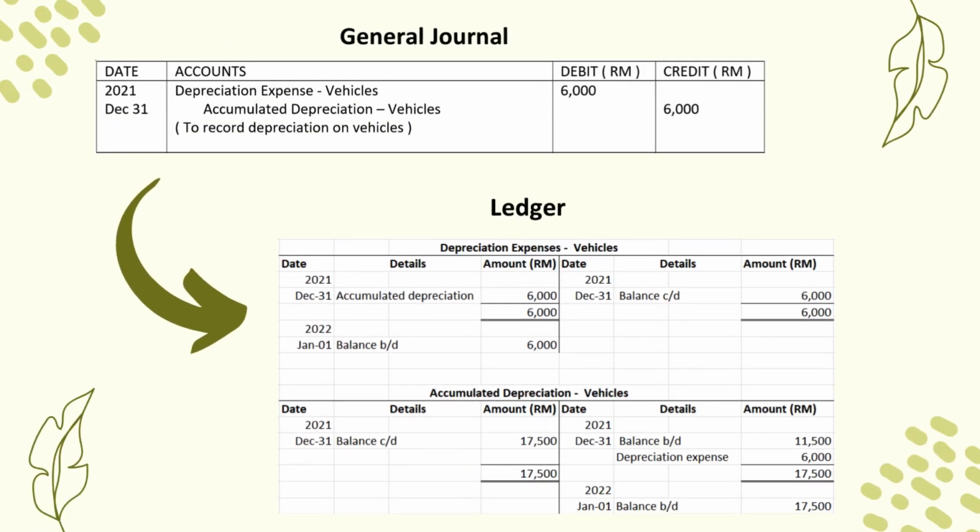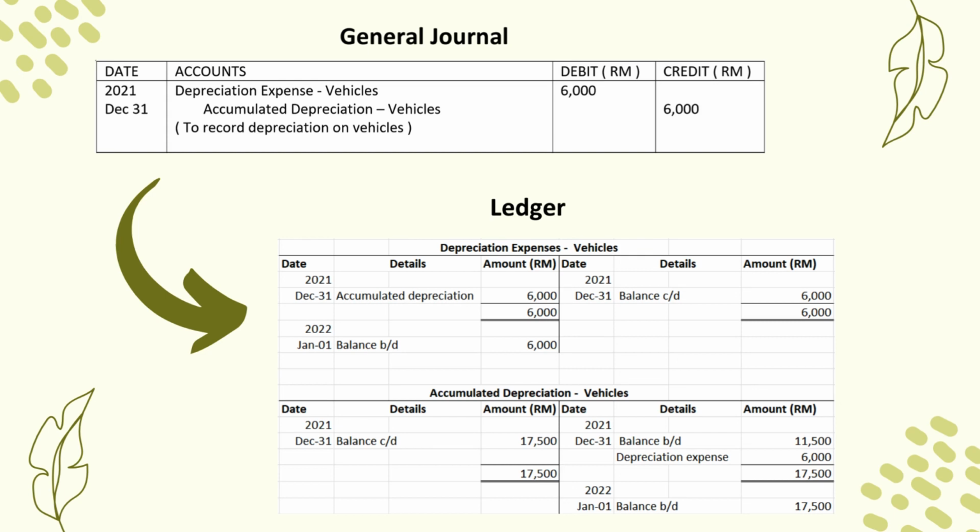After that, you need to record it on the general journal. Record the depreciation expense for vehicles on the debit side, 6,000 ringgit, and record accumulated depreciation for vehicles on the credit side, 6,000 ringgit. Don't forget to put the explanation.